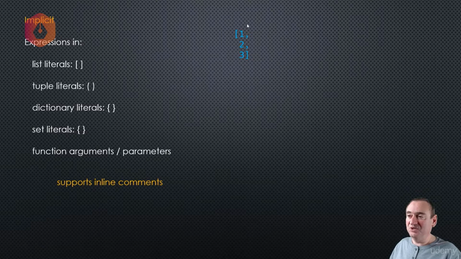For example, for this list over here, 1, 2, 3, you don't have to write it over a single line. You could actually break it up over multiple lines, and these physical new lines will be implicitly removed by Python. In this case it doesn't make much sense to write this list this way, but suppose that these were long strings. Then it would make more sense to break it over multiple lines so it's easier to read.